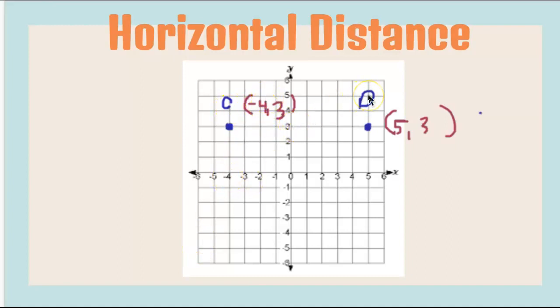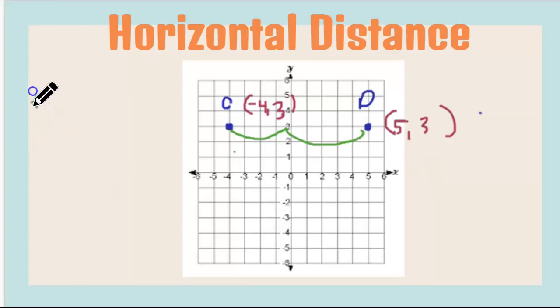The coordinates of D are 5 and 3. It will always be x and y. If you notice, they are standing at the same point of the y, which is 3. But they are located on the other quadrant. So we really have to find the distance from here to the y-axis and from the y-axis to D, because they crossed. It's not that they are located on the same quadrant.